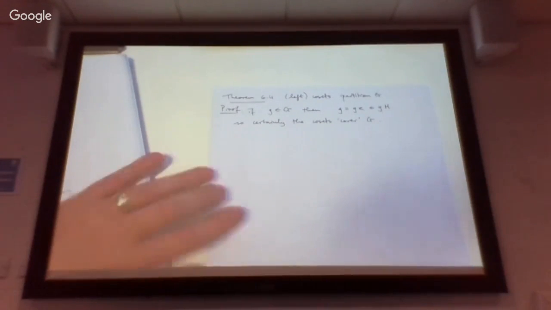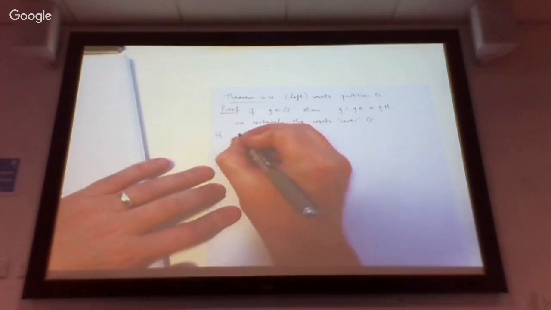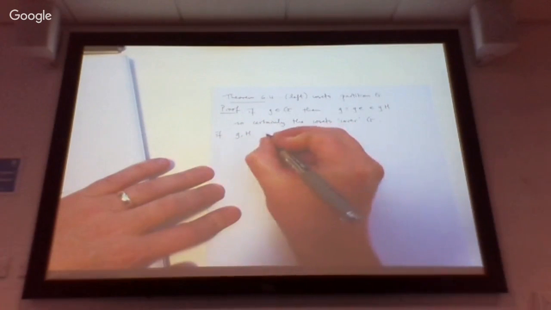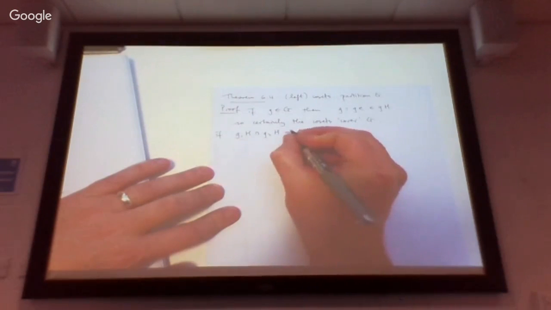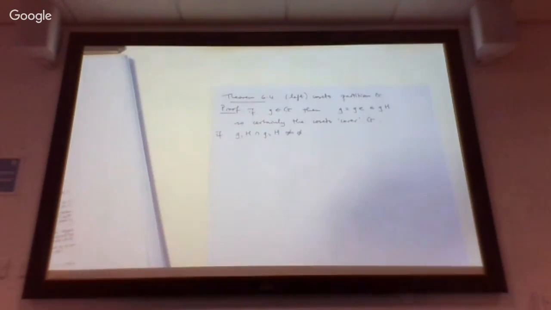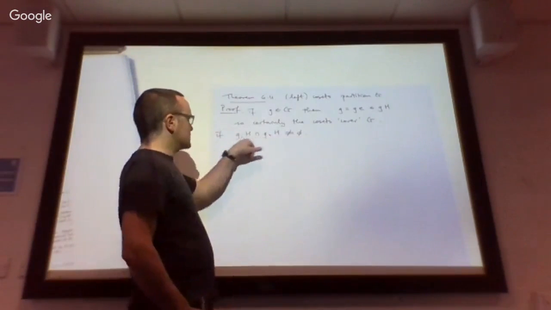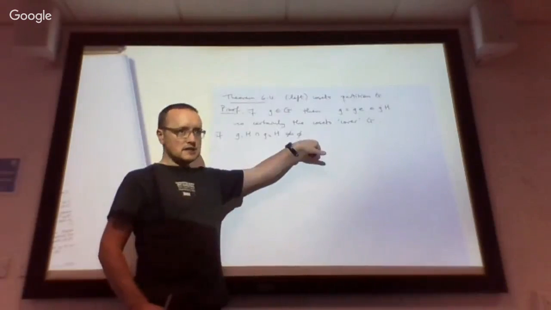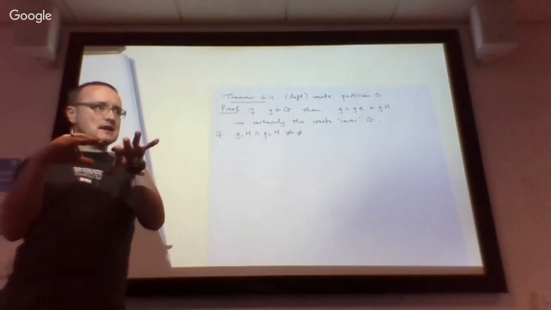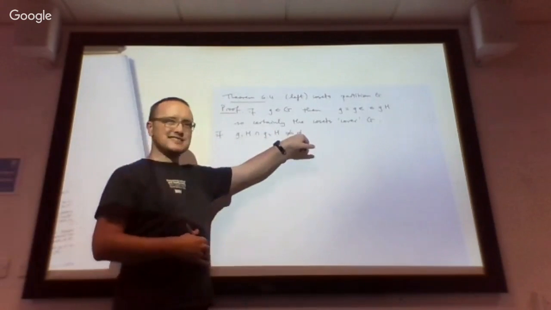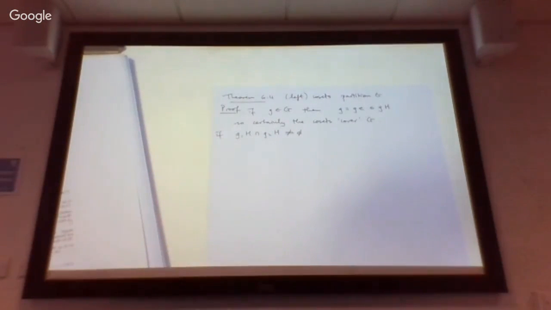Okay. So if we've got two left cosets, g1H and g2H, if their intersection is not empty, okay, the intersection of two left cosets could be empty. That's fine. That means the two left cosets are distinct, completely separate. However, if their intersection is not empty, if they overlap at all, now we have to prove that they're actually the same left coset. Okay?